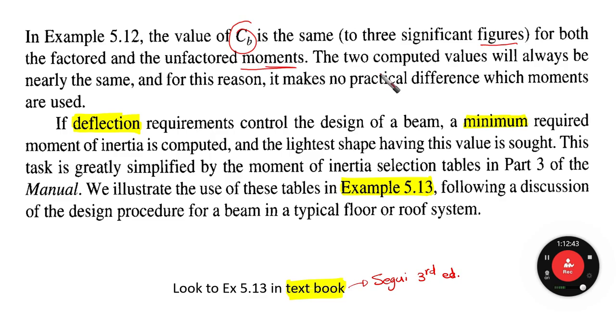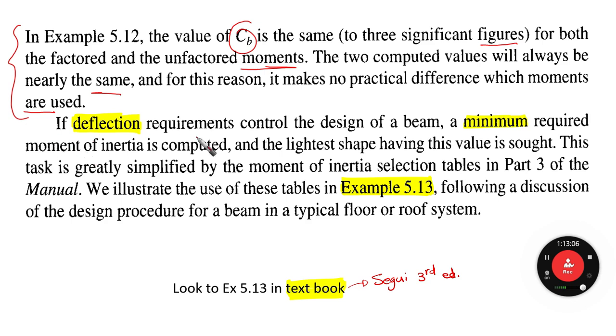The two computed values will always be nearly the same, and for this reason it makes no practical difference which moments are used. And this is true, and maybe it is something we can find logic in. The two computed values will always be nearly the same.